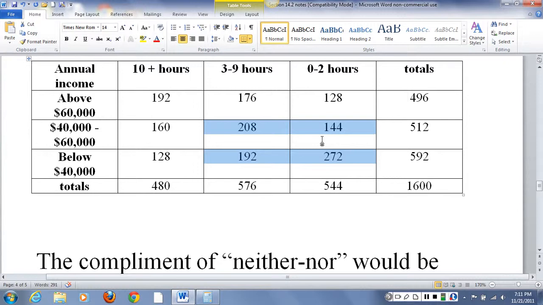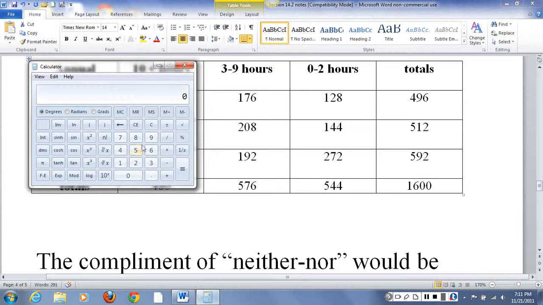So again, here we are. Just based off definition, looking at my chart, I focus on these four numbers. So since the grand total is 1600, let's see what this gives us. That means I'm going to add 208 plus 144 plus 192 plus 272, which gives me 816.